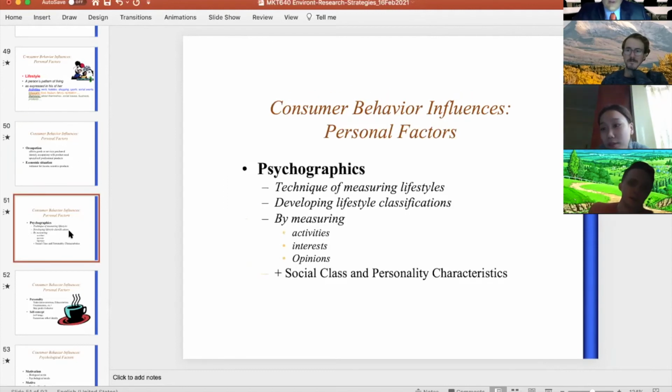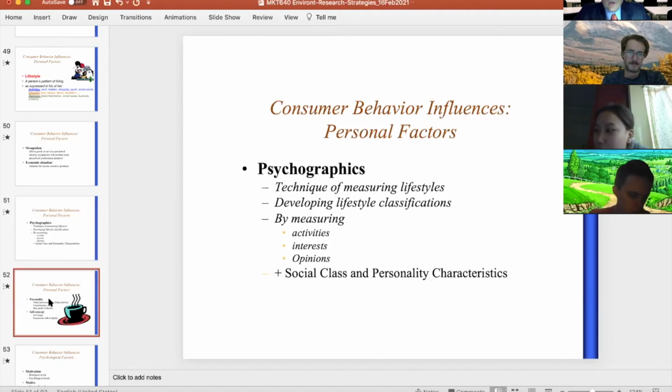It's multifaceted. So what are psychographics? Psychographics are the elements that explain the person in terms of their age, their gender, where they live, their income, and also some traits of personality.